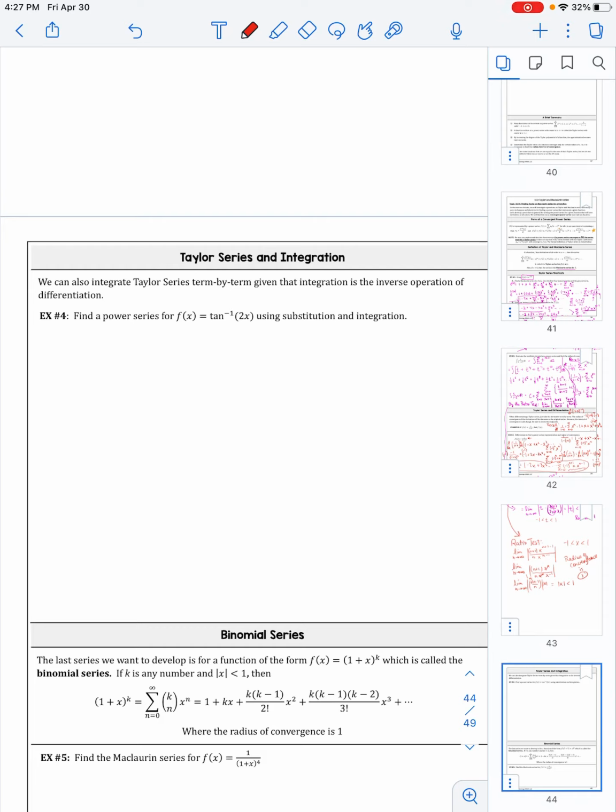So now let's go to example number 4. We can also integrate Taylor series term by term, given that integration is the inverse operation of differentiation. Example 4: find a power series for f of x equals the inverse tangent of 2x using substitution and integration. All right, so for example number 4, we're going to look at the integral of, and if this was inverse tangent 2x, the derivative is 2 over 1 plus 4x squared dx.